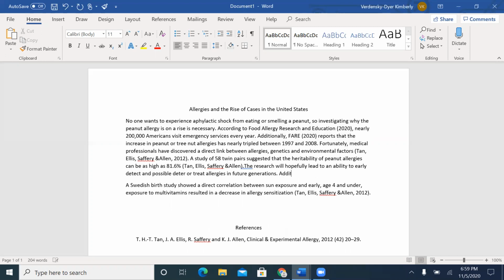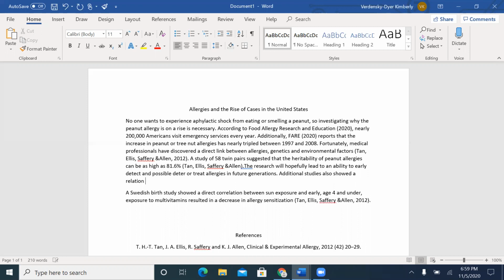Additional studies also showed a relationship between other factors that can influence the likeliness of allergies.